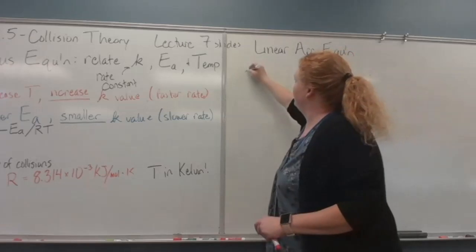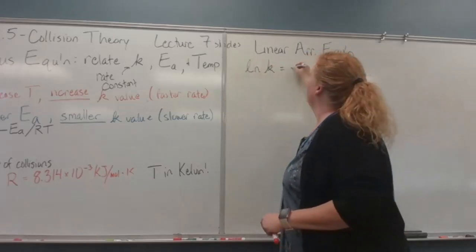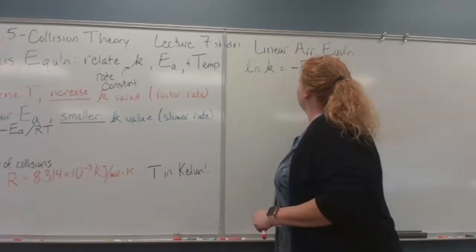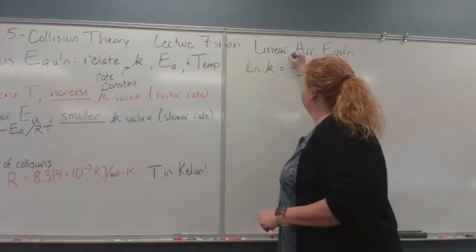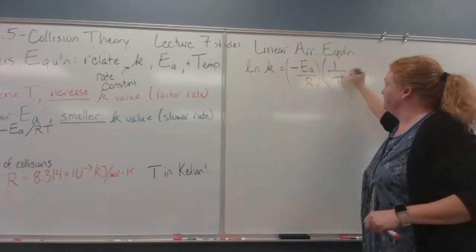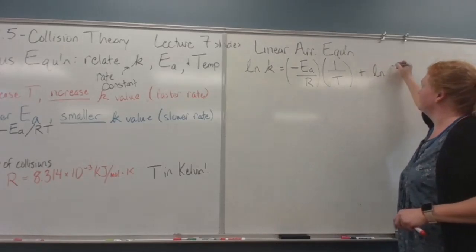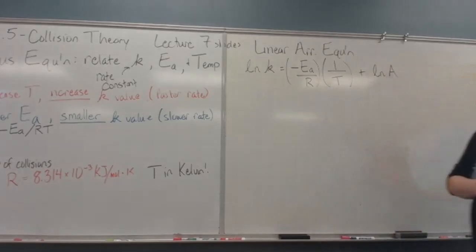If I integrate it, I'm going to get natural log of k equals negative activation energy divided by R times 1 over T plus the natural log of our frequency factor.